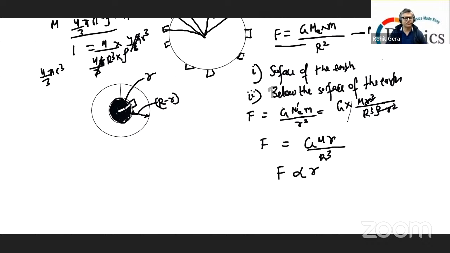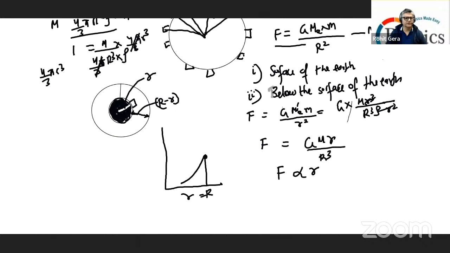So if I have to draw a graph of say radius, r is equal to R, this is surface. On the surface it is fixed, and if you go below the surface, then force is proportional to r. So smaller is the r, smaller is the force, but the decrease is like this.